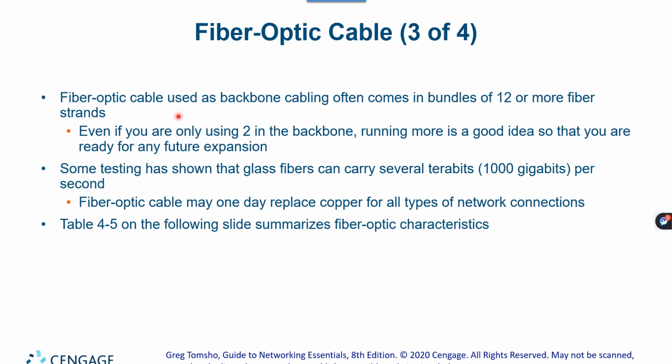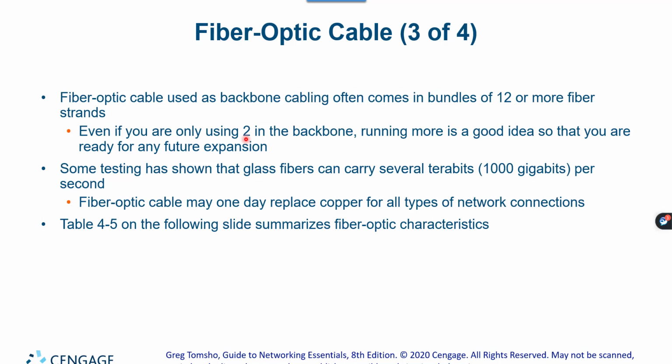Remember, we typically use fiber optic cable as backbone. We typically have 12 or more fiber strands inside of the cable. Even if we are using only 2 in the backbone cables, running more is a good idea so that you're ready for future expansion. So the big expense for fiber optic is going to be burying the line or running the line.